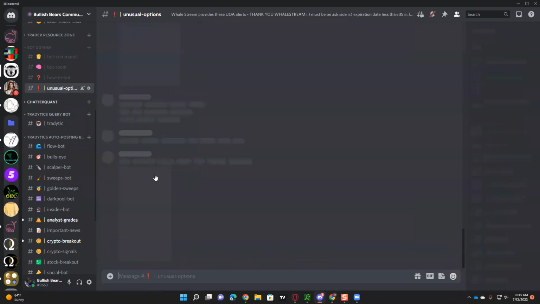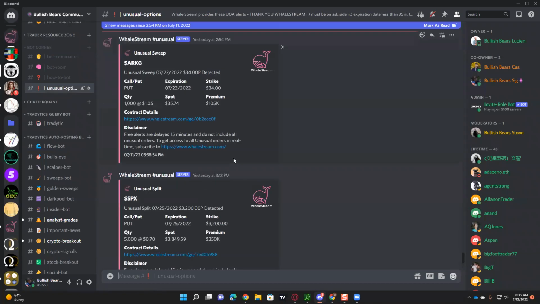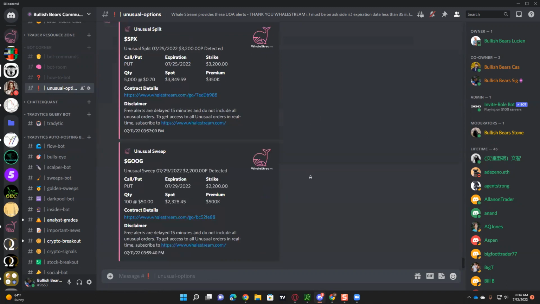Either way, they're landing here in the unusual options. So we have a bot bringing Whale Stream's unusual splits and unusual sweeps into this channel. But if you go to Whale Stream, you won't necessarily find a Discord bot. You would find them, and then you would integrate a bot that they have.